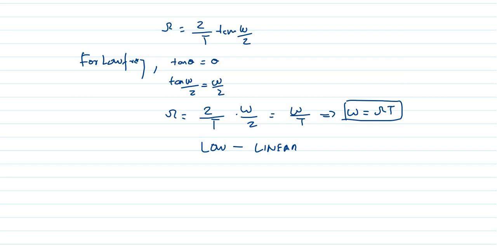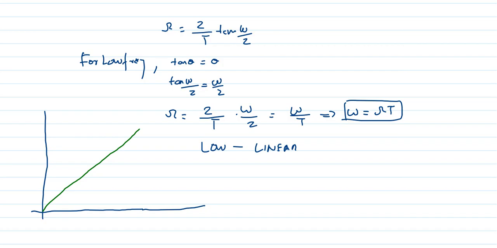We'll see this if you actually plot the amplitude response. I'm just plotting it. Linear means it has to be perfectly like this, but here we have some kind of non-linearity. Initially at low frequencies it is linear, then it goes into non-linearity.